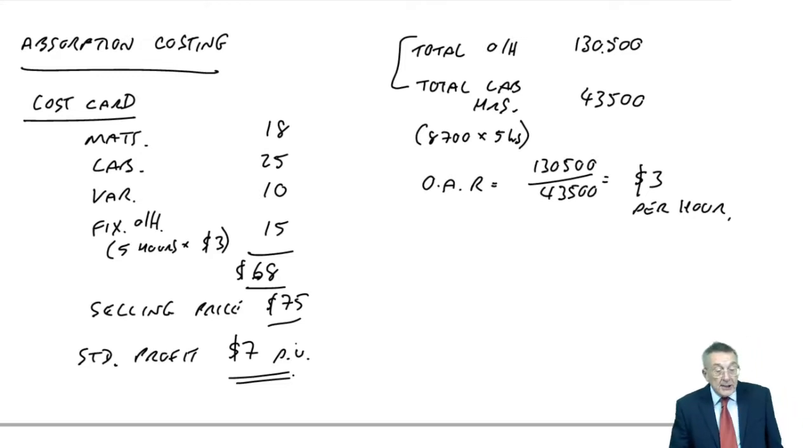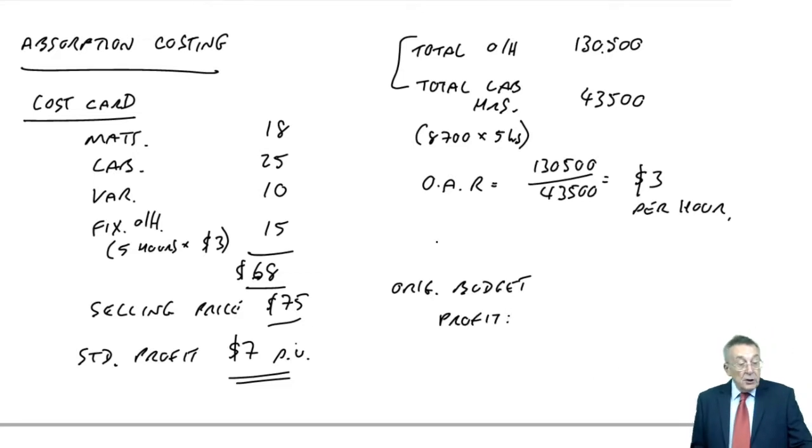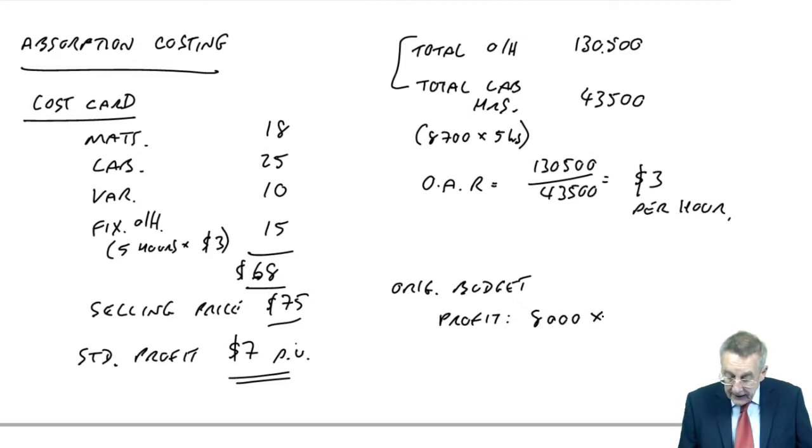And so finally for this little bit, the first of the two things I want to do, what would be our original budget profit? The original budget, we budgeted on selling 8,000 units at a profit of $7 a unit is 56,000.